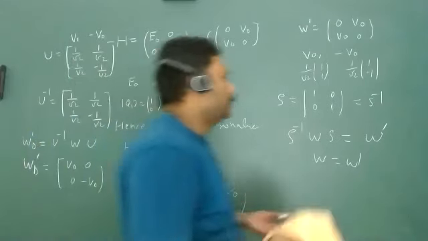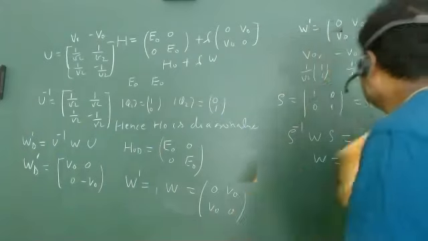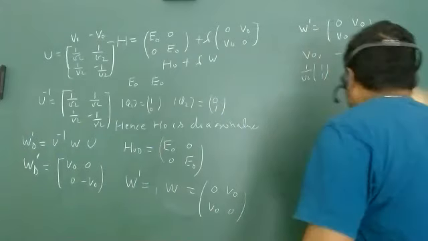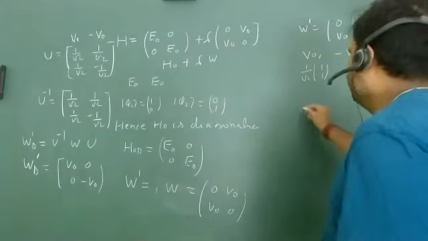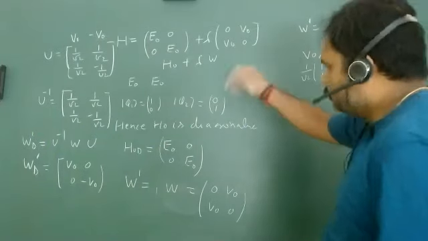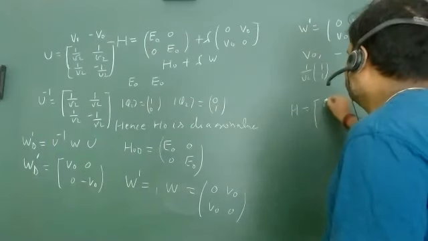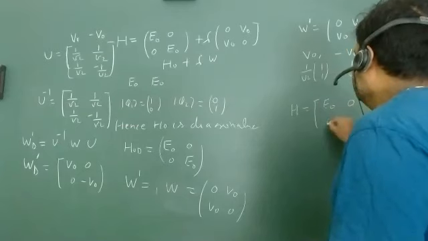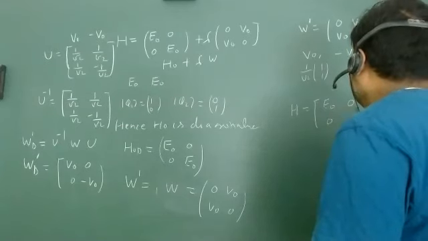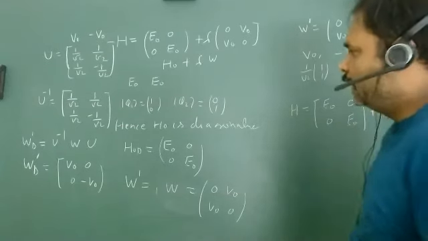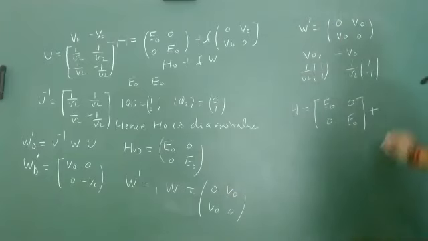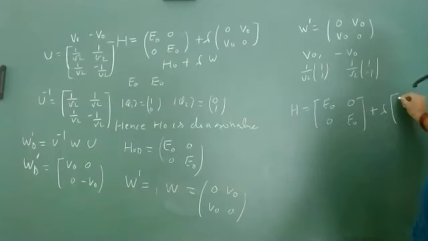Let's try to get the final solution. We have H naught diagonalized, which is given: E naught 0 0 E naught, plus lambda times W dash diagonalized, which is V naught 0 0 minus V naught.